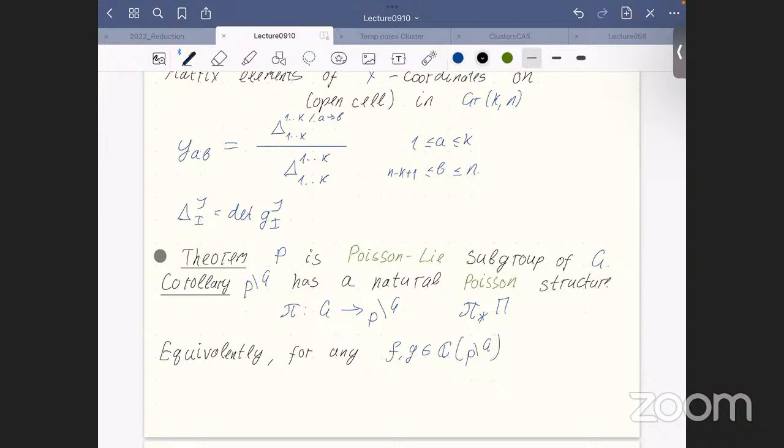They can be algebraic, smooth functions or whatever. This is a differential geometric property.